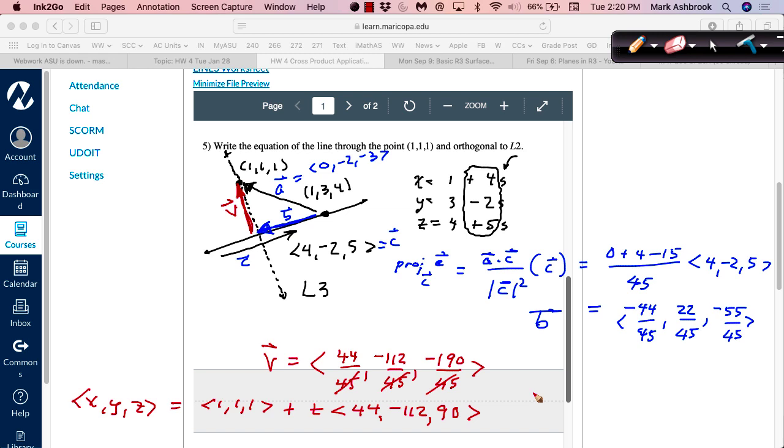You'd have to bring into account the other information that you know, because basically he's found some vector perpendicular to 4, negative 2, 5, so it could be any of these vectors. We need this one, right? Not this one or this one or this one, but this one.